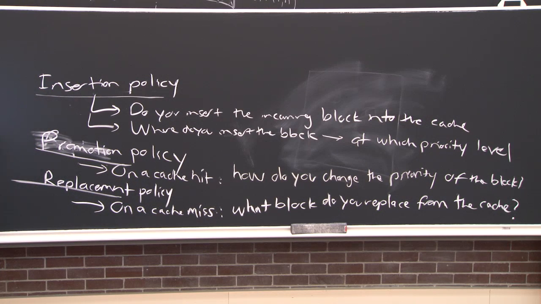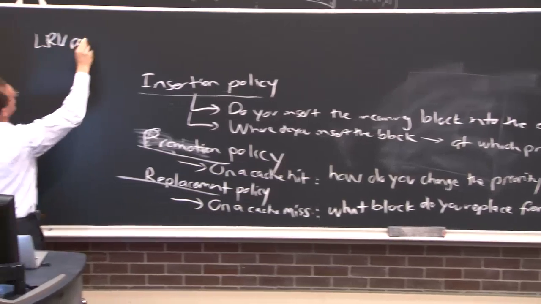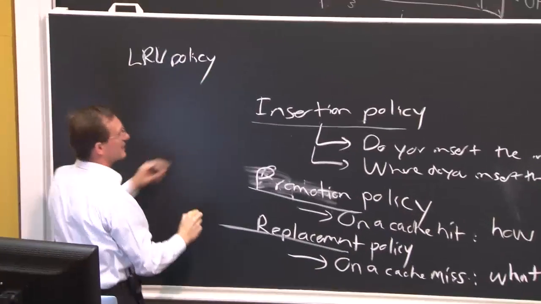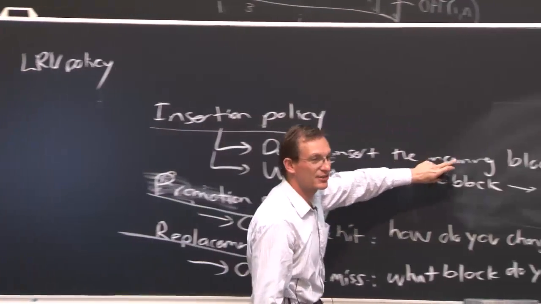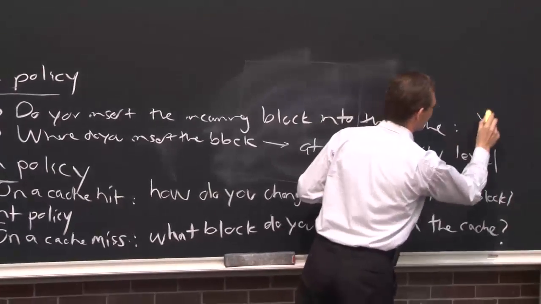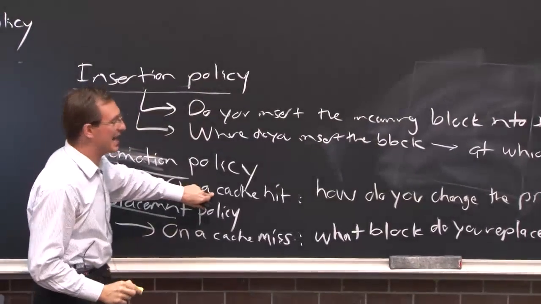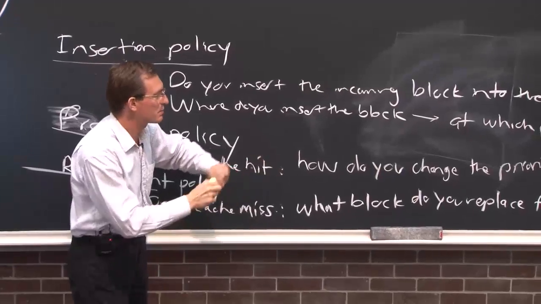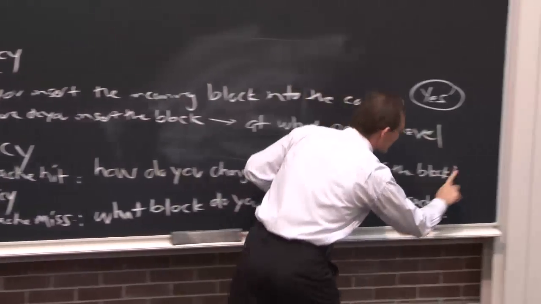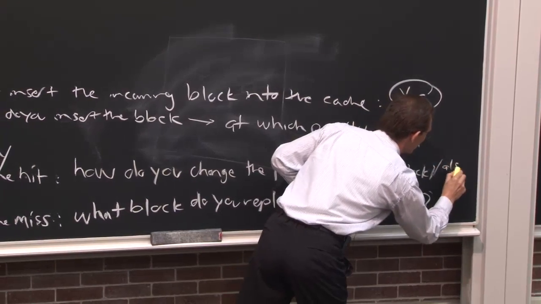If we look at LRU, the commonly used LRU policy says: do you insert the incoming block into the cache? The answer is yes. Promotion policy on a cache hit: how do you change the priority of the block as well as other blocks?